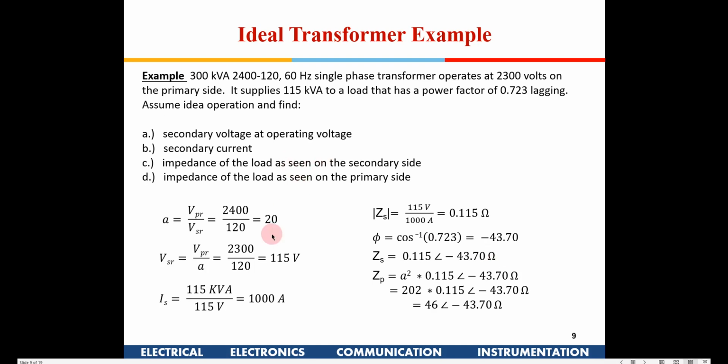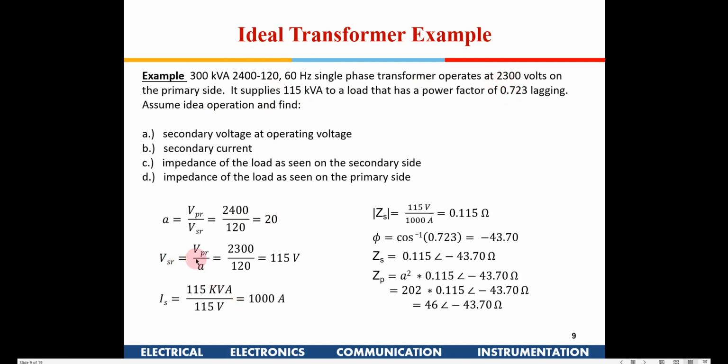So the first thing is we need to find A, which is V primary divided by V secondary. This is the rating of the transformer which is given. So 2400 divided by 120, I get 20. Now what is the secondary voltage? Secondary voltage is not 120 because we are not applying 2400, we are applying only 2300.